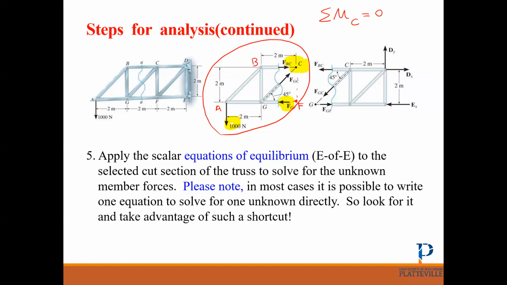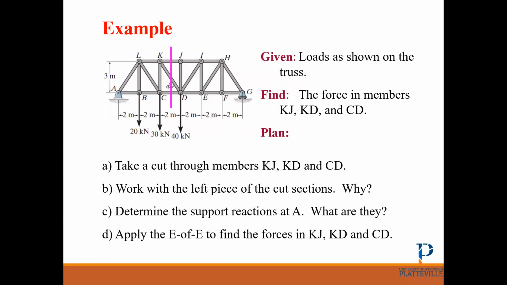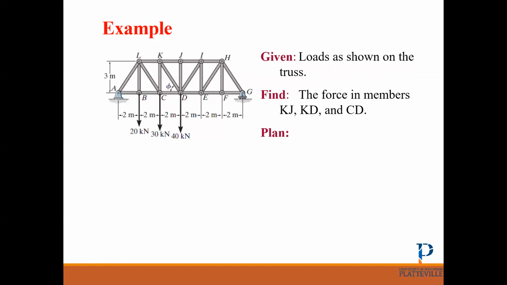All right, let's solve an example together. Loads are applied as shown on the truss, and we're going to find the force in members KJ, KD, and CD. So this is KJ.